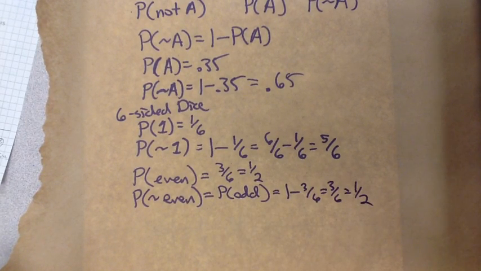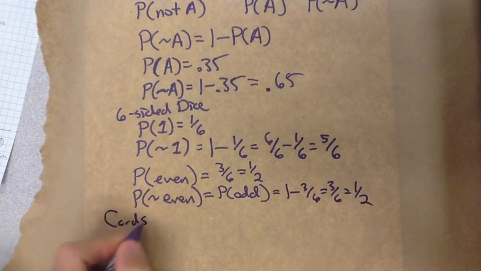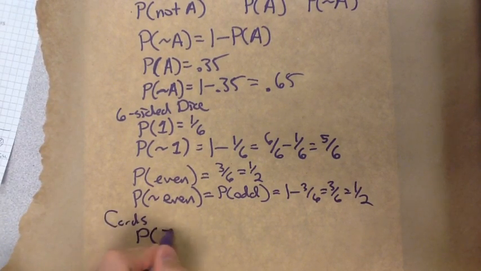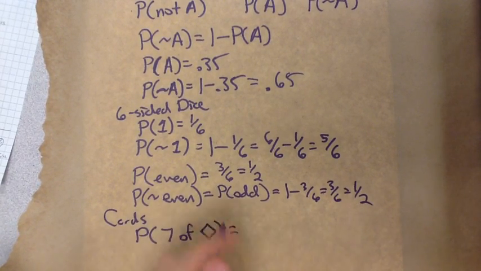Now let's think of cards, if we're pulling cards. Let's say in my card deck, I want to see the probability that I pull a 7 of diamonds. Now I know there is 1 7 of diamonds in my card deck, so there is a 1 in 52 chance.